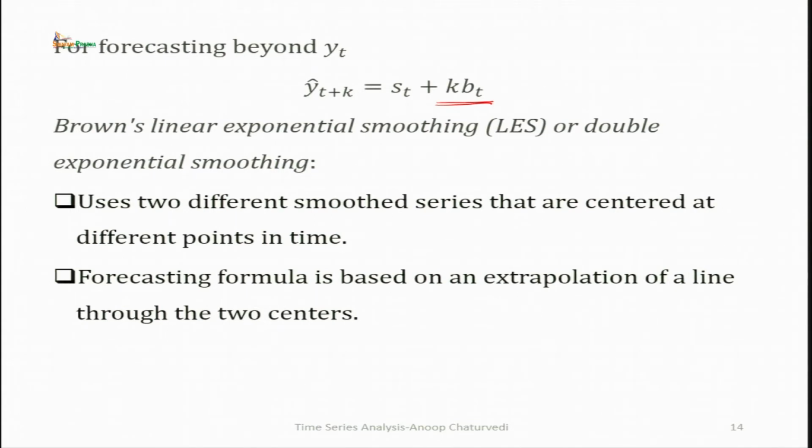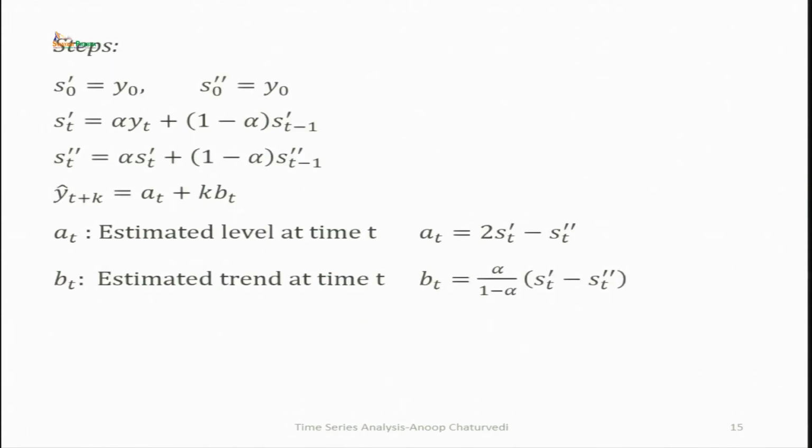Then Brown's linear exponential smoothing or double exponential smoothing procedure. This uses two different smoothed series that are centered at different points in time. And then the forecasting formula is based on an extrapolation of a line through the two centers. So, these are the steps for Brown's smoothing procedure.